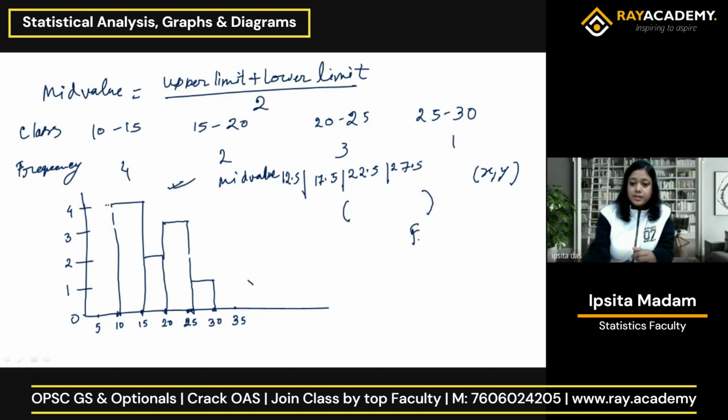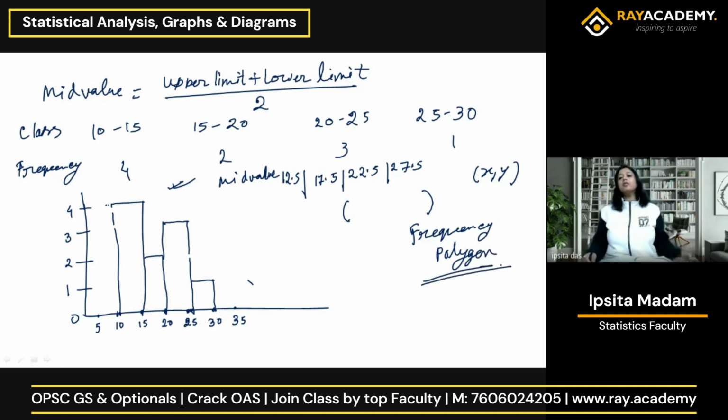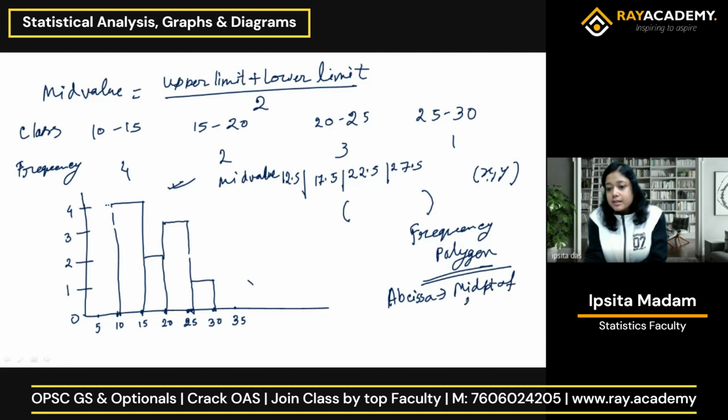Now for frequency polygon, we have requirement for a point for the each class. And how can we make the point? This point abscissa, the first portion, abscissa, consider midpoint of class.